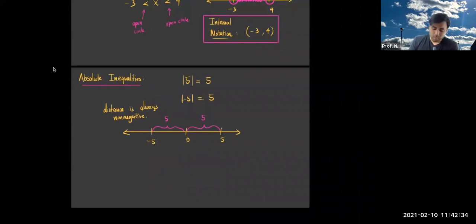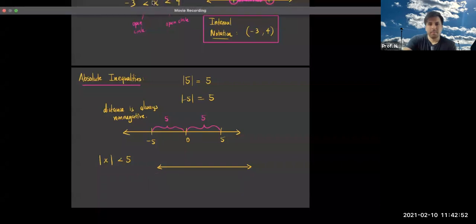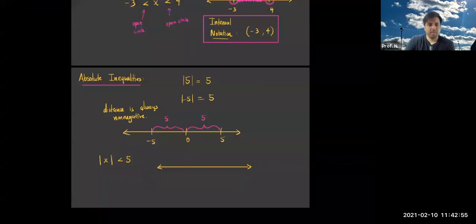But now the question becomes, what happens, for example, when I say the absolute value of x is less than 5? What am I saying here? What I'm saying is that the distance of x to 0 has to be less than 5 units away.